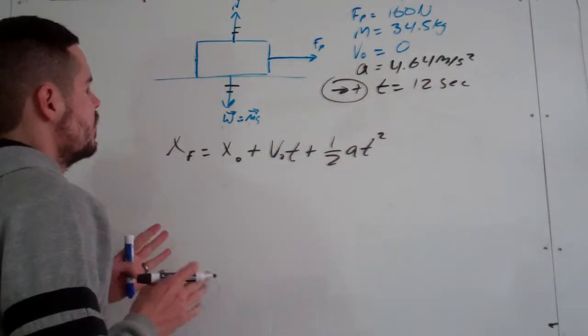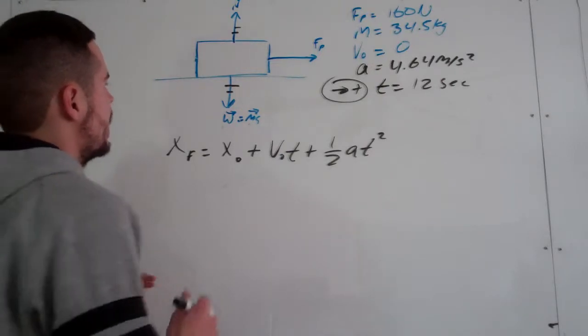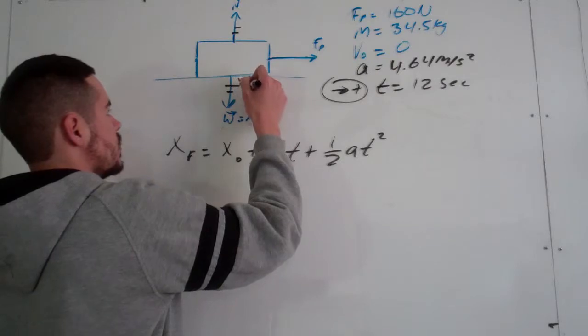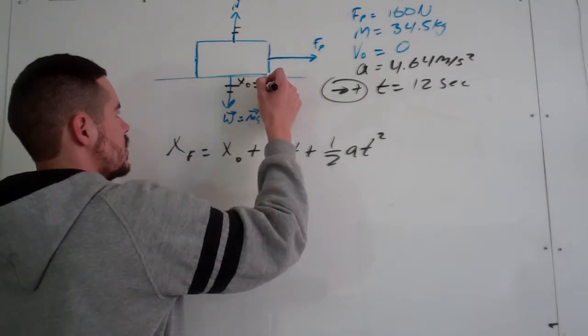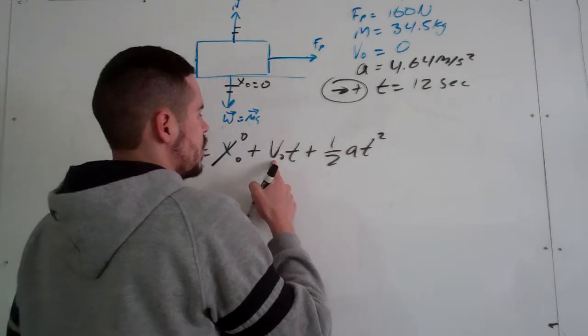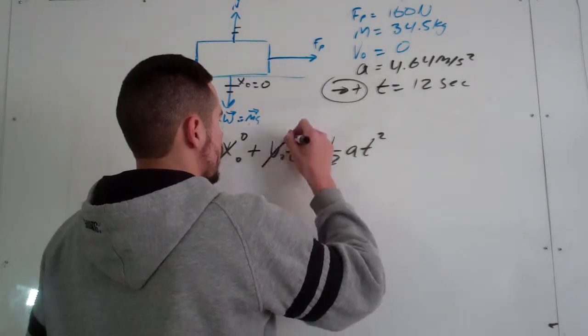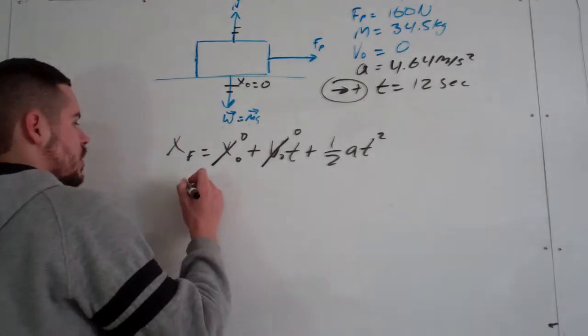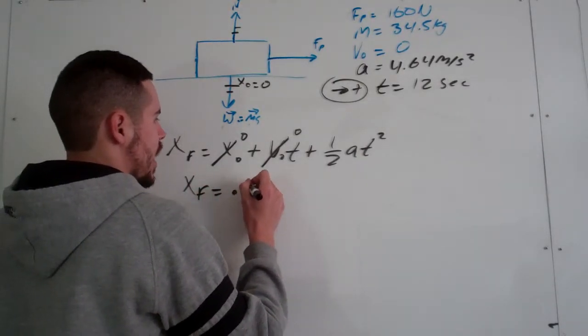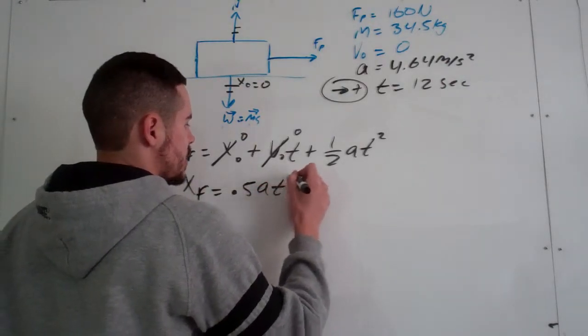So if it starts from rest, and we say this point is the origin, then x naught is equal to 0, and since it started at rest, our initial velocity is also equal to 0. So what are we left with? We're left with x final is equal to 1/2 of acceleration times time squared.